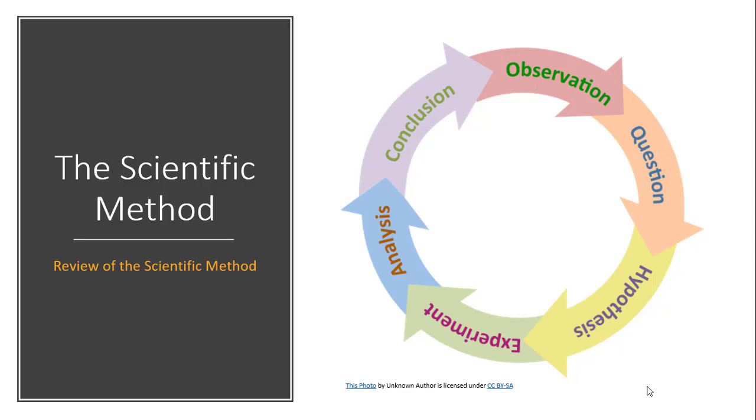So that could lead to an observation, or you can, from experience, look around you and observe that there's something that seems to be going in a certain way. Then from that you pose a question. From the question you generate a hypothesis, which leads you to design your experiment or design the method of collecting data.